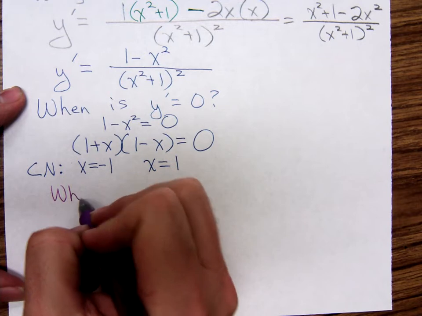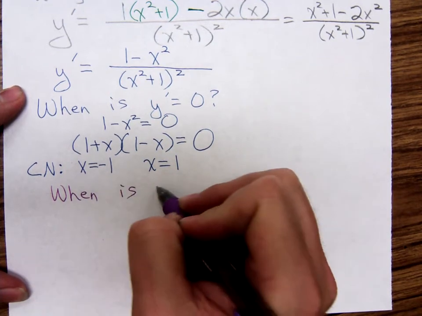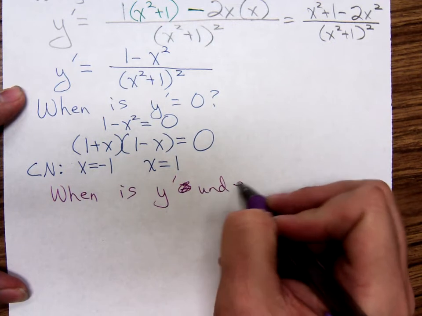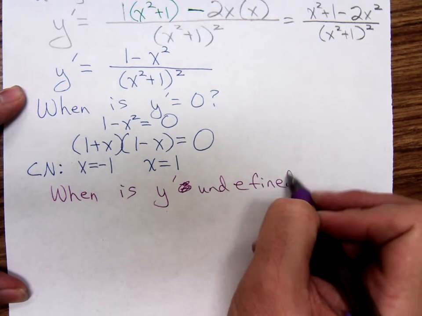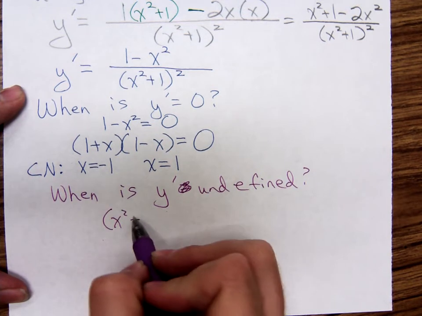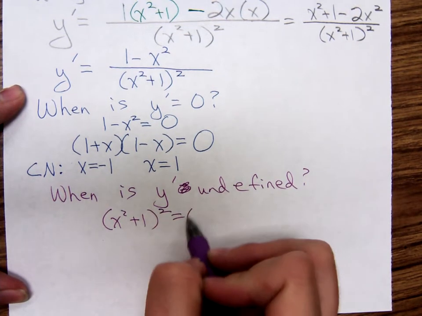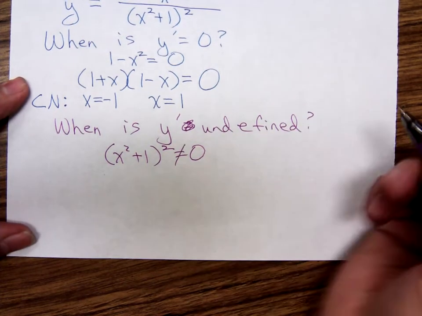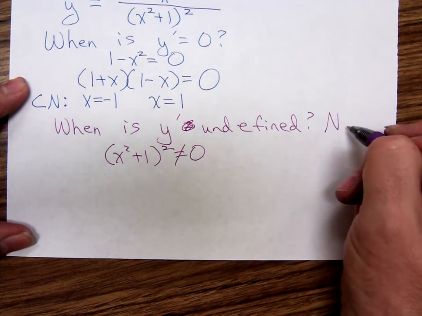When did y'all say y prime is undefined? When the denominator's 0. When is that x squared plus 1 quantity squared equal to 0? Does that ever happen? No. So when is y prime undefined? Never.